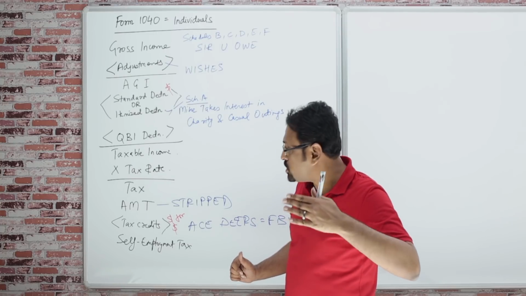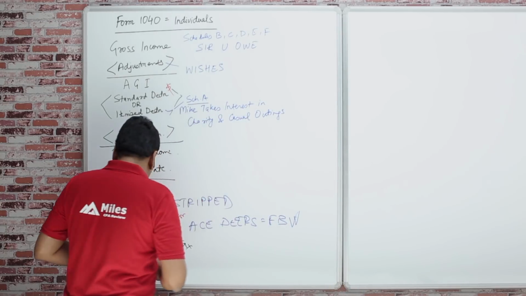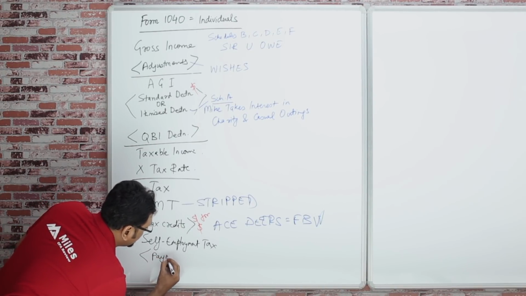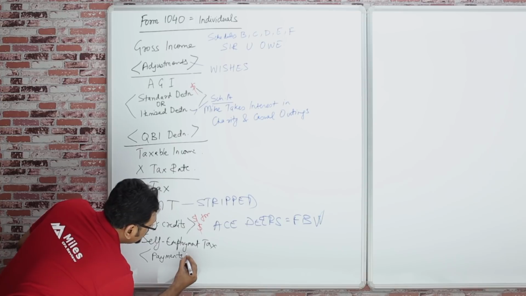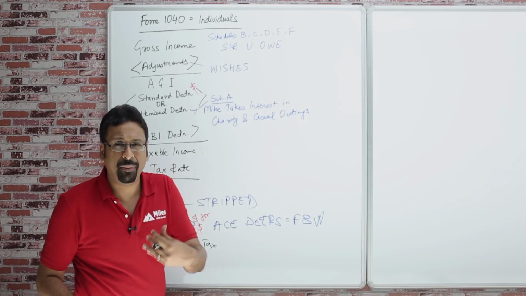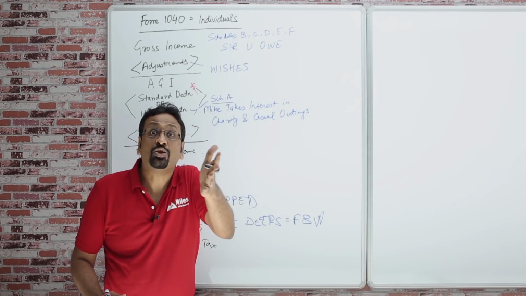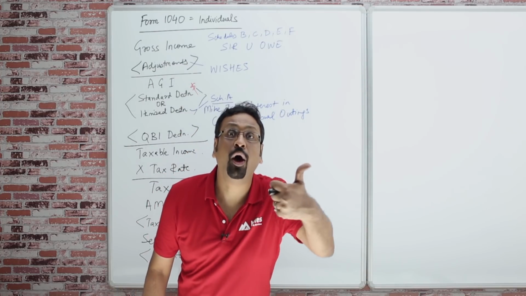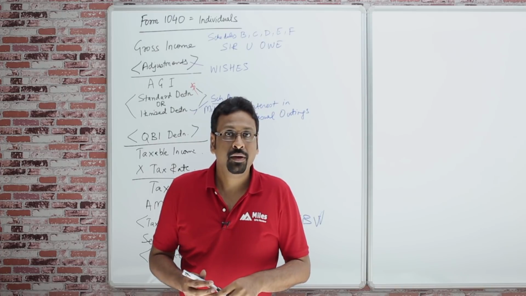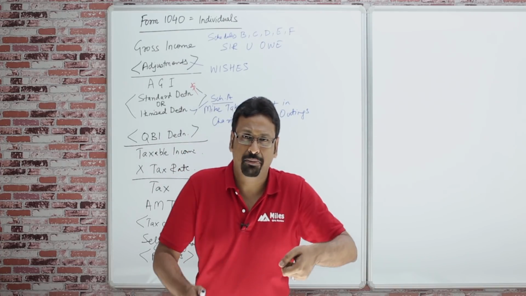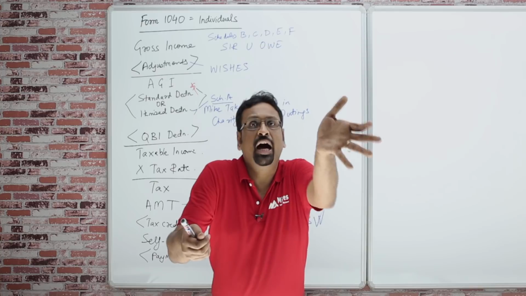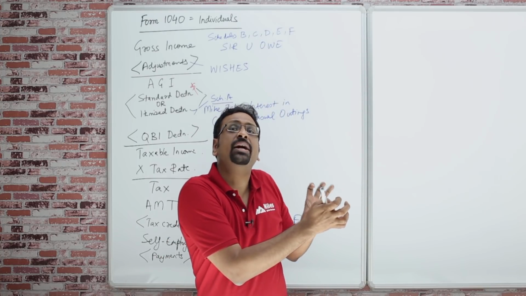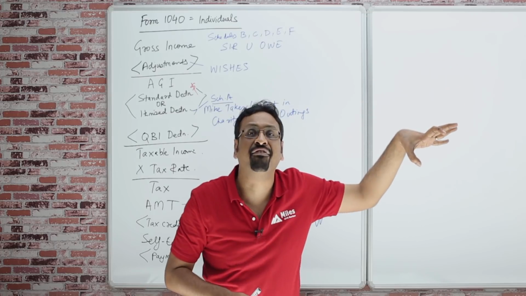Now we also have deductions, or subtraction, for any payments made. These could be tax prepayments that you've made, or these could be taxes which have been withheld by your employer or your client. So let's say your employer or your client, while making salary payments or other payments to you, have actually withheld taxes and have remitted them to the IRS on your behalf.